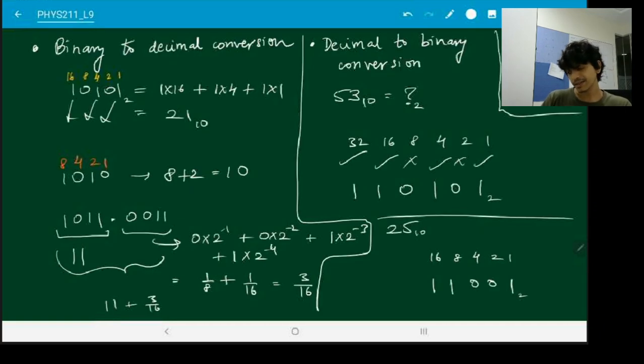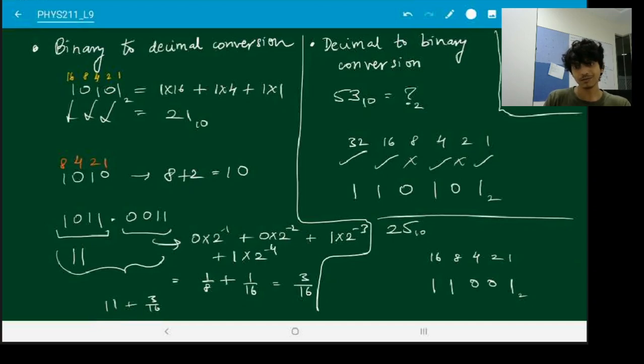But there's another method. This kind of method is fine as long as your number is not too large. So if I ask you to find the binary representation of 7963, then it's going to be a little annoying doing this, because then you will have to write down 1, 2, 4, 8, 16, and so on, 512, 1024, 2048, and so on.